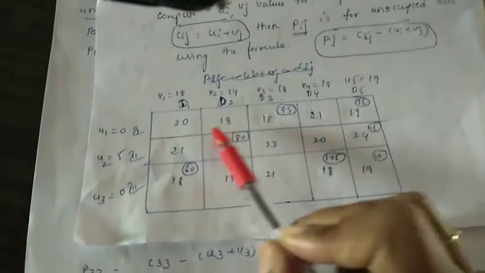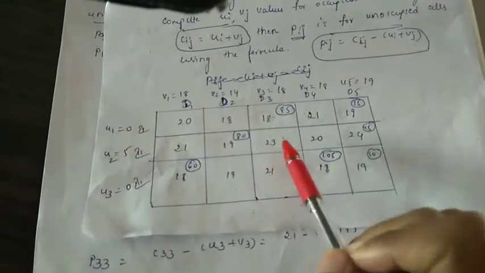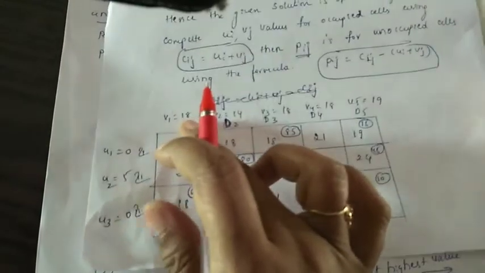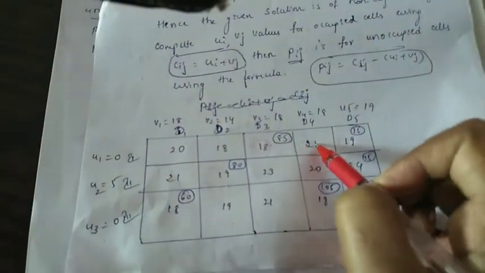One thing you have to observe here: the unallocated cells are 20, 18, 21, 21, 23, 20, 19, 21. Those are all the unallocated cells. So 20 is first row, first column, 18 is first row, second column, 21 is first row, fourth column.